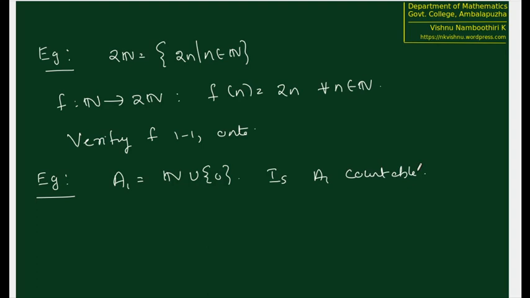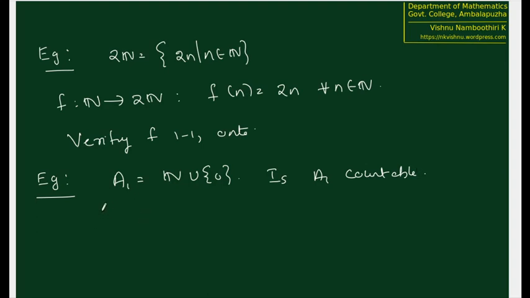That means we can label every natural number by saying that this is the first element in our labeling, this is the second element in our labeling, etc. And no natural number will be left out of our labeling. This is quite possible. But now we have a slightly different set. This is A1, and this is N and 0 taken together.